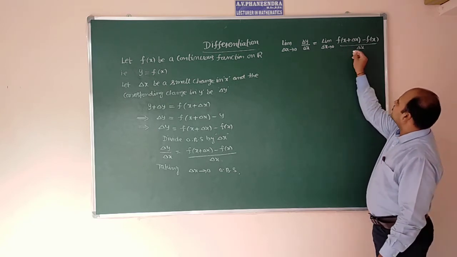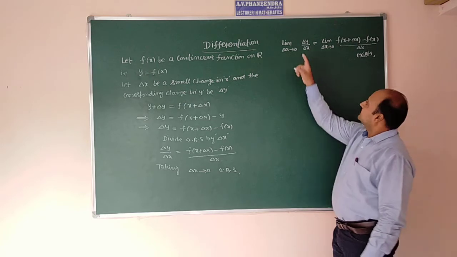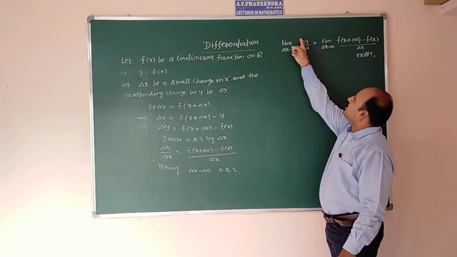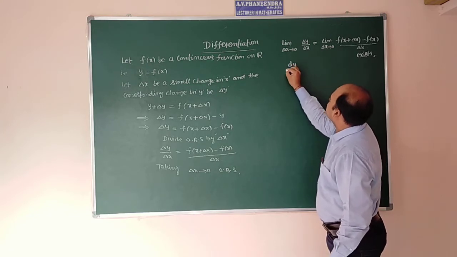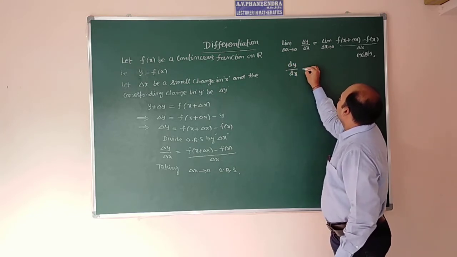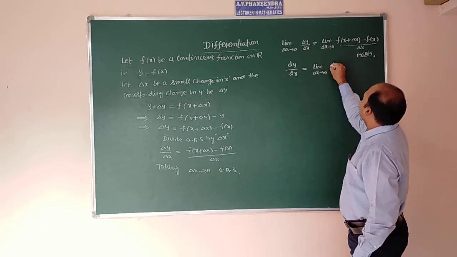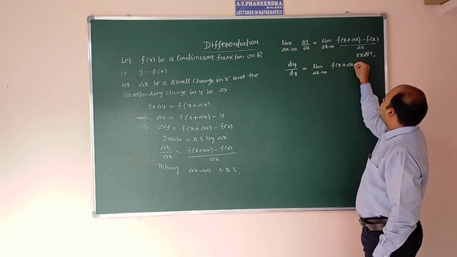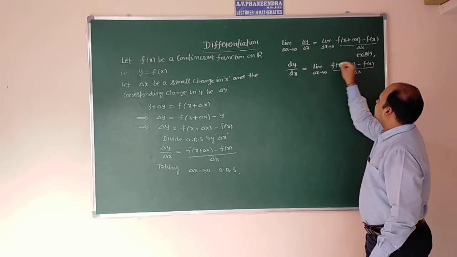If this limit exists, then limit delta x tends to 0, delta y by delta x is called dy by dx. Limit delta x tends to 0, f of x plus delta x minus f of x divided by delta x.